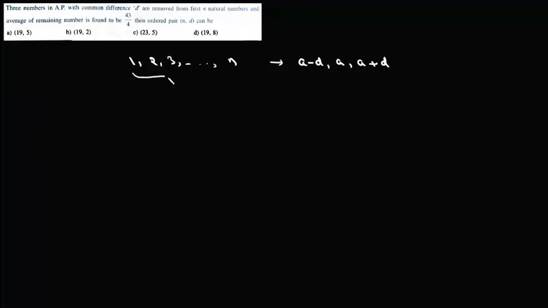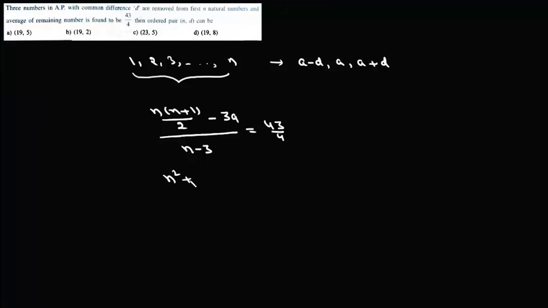Now we know that the sum of all these numbers is n(n+1)/2 minus the sum of these three numbers, which is 3a, and for their average we have to divide by n minus 3, and this average is equal to 43 by 4. We can write this as (n square plus n minus 6a) upon (2n minus 3)... equal to 43 by 4.